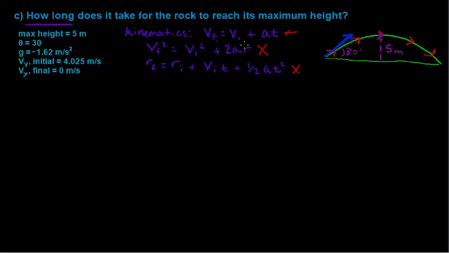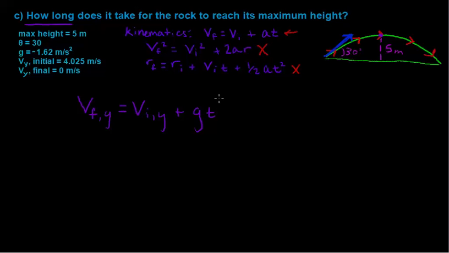And we are just going to take this kinematic equation and bring it down here and put it into terms of the y direction. So we have the final y direction velocity is equal to the initial y direction velocity plus acceleration due to gravity times time.